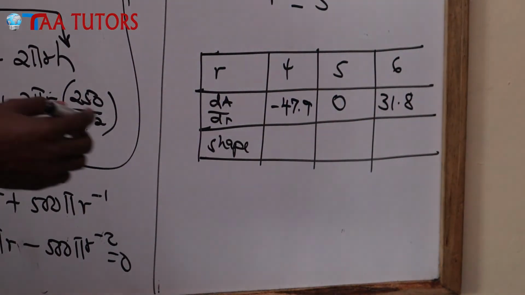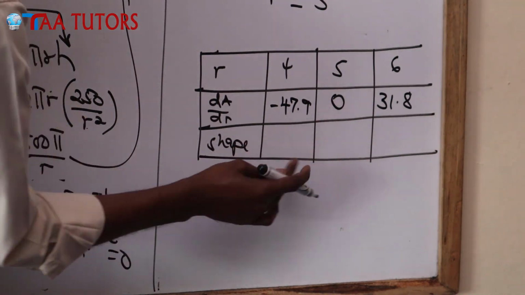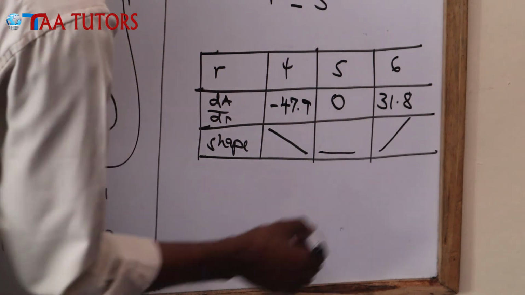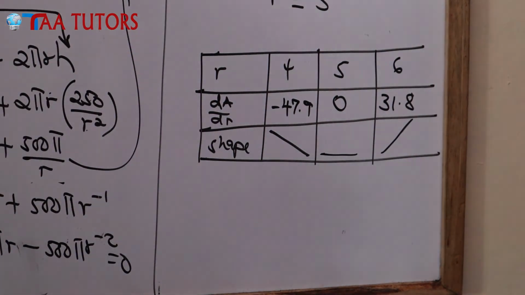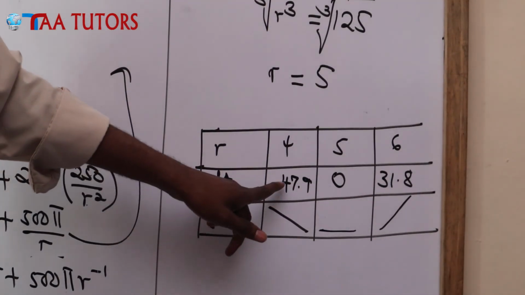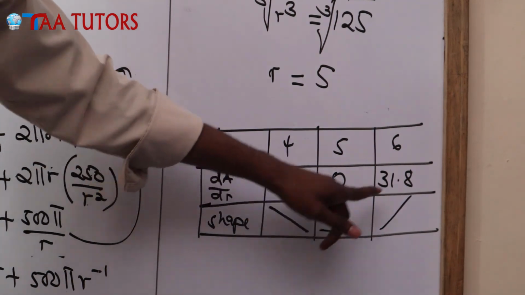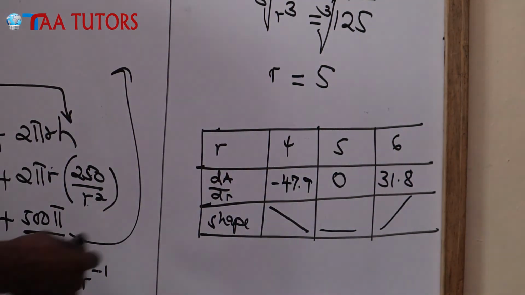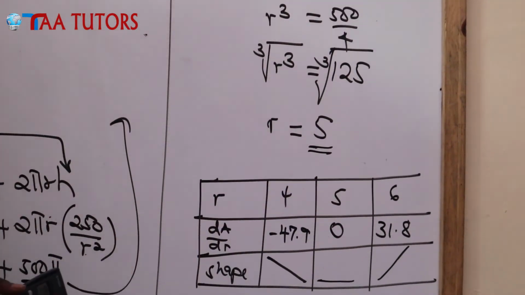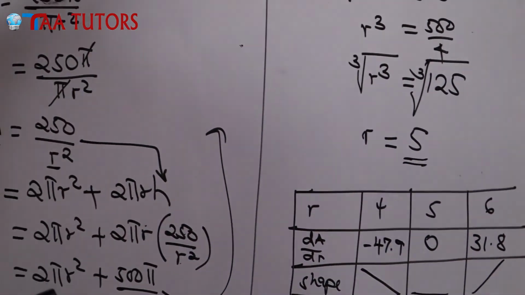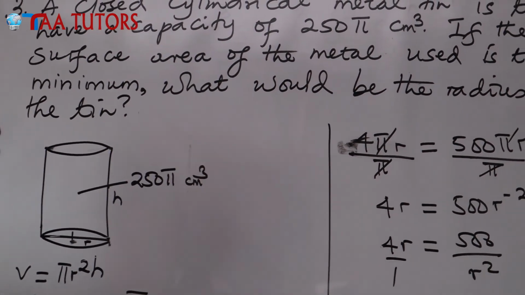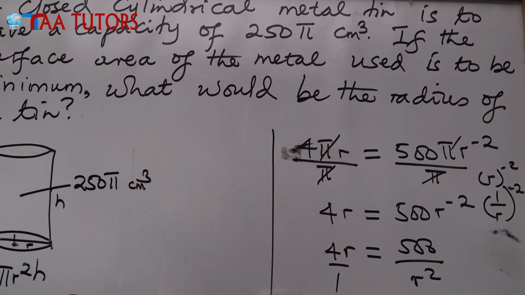So you see that there the line is negative, it goes this way, the 0 goes this way, positive goes that way. You realize that when the gradient turns from negative, to 0, then positive, that is a minimum turning point. So we are sure that our r, which is the radius, will give us the minimum surface area of this particular tin.